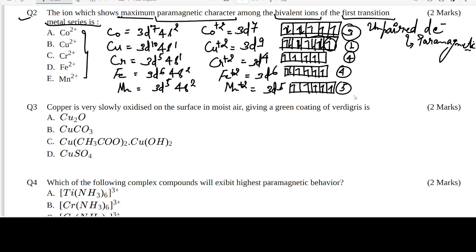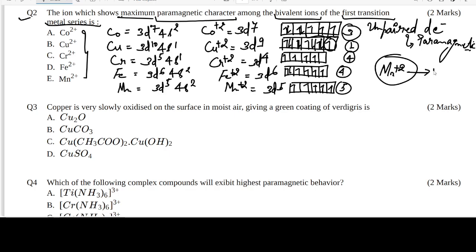So that's how we solve this question. You can conclude that manganese +2, this bivalent ion in the 3d metal series, will have the maximum number of unpaired electrons. So that's why it should have the maximum paramagnetic character.